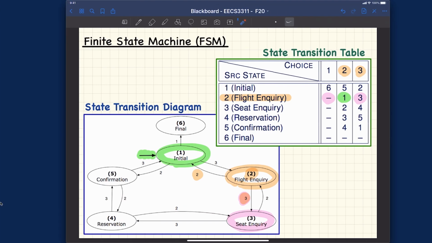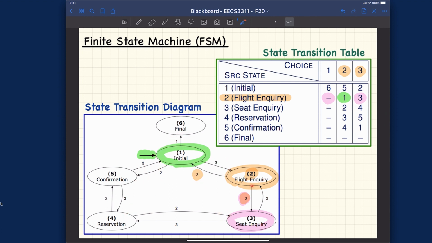Now in this particular case, it's actually a simpler case. It simply doesn't really reach that n squared complexity. For example, to take the most complicated case, state number 1 may have some transition go to 2, may have some transition go to 3, and go to 4, go to 5, and go to 6.